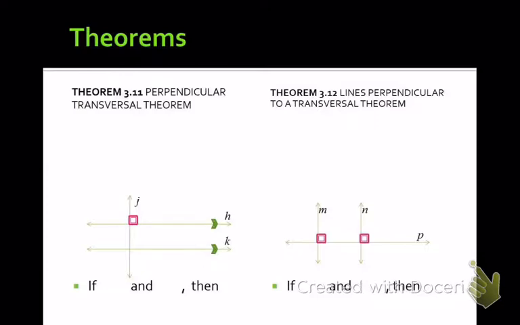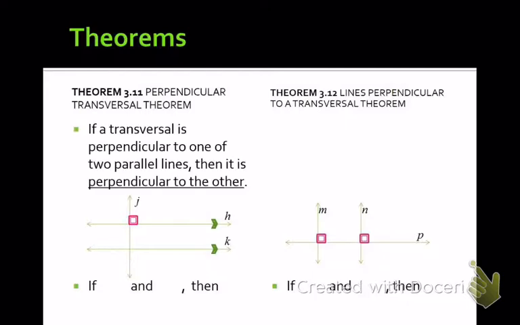There's a lot of them, right? There's this perpendicular transversal theorem. And that says that if a transversal is perpendicular to one of two parallel lines, then it's going to be perpendicular to the other one, right? So what would that look like with this first picture here?